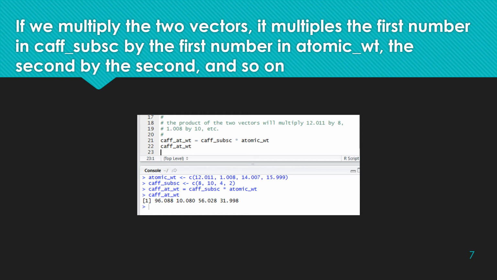And then I have this new vector as a result. And then on line 22, I just have the name of that vector again, caffeine atomic weight, caf underscore at underscore WT, and that just displays the results. So the first one actually did the multiplying and assigned the value, and then the second one, when I just give the name, it just spits it out down in the console so I can see it.